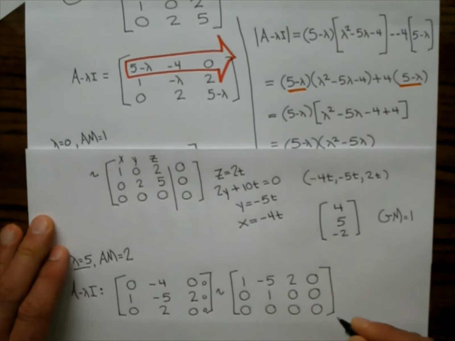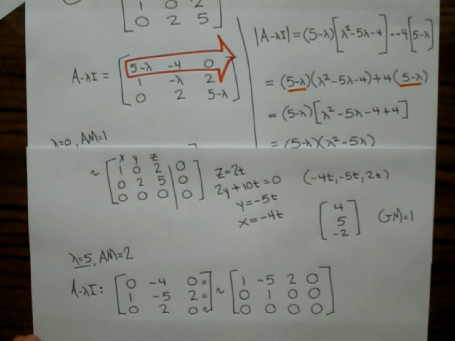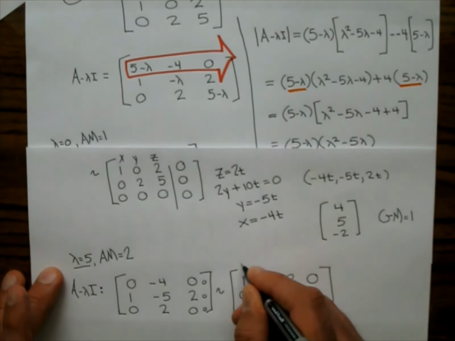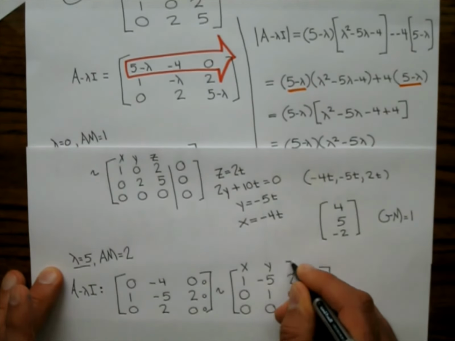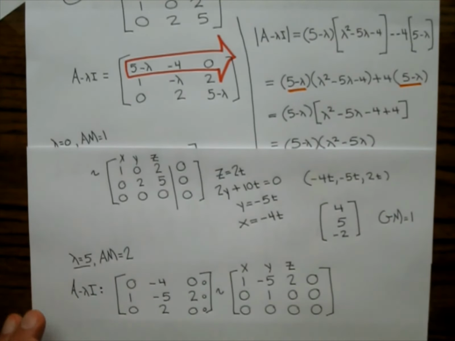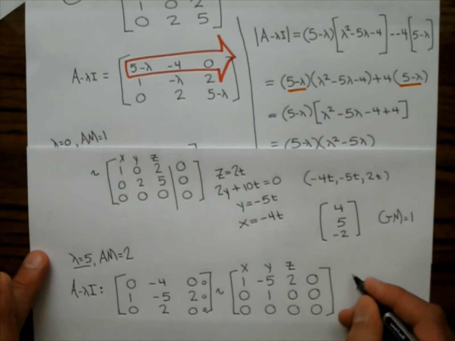Once again, it does not feel like we're even solving a system of differential equations, and we are. So here's x, here's y, here's z, and then we're going to go through the whole little game here doing this again. So what do we have?